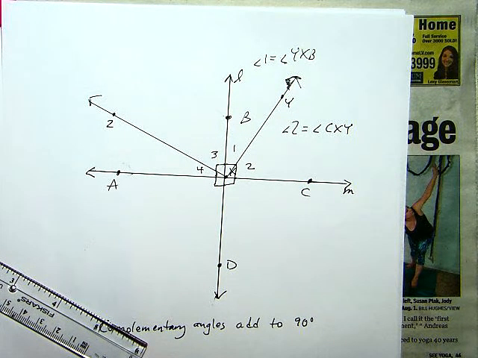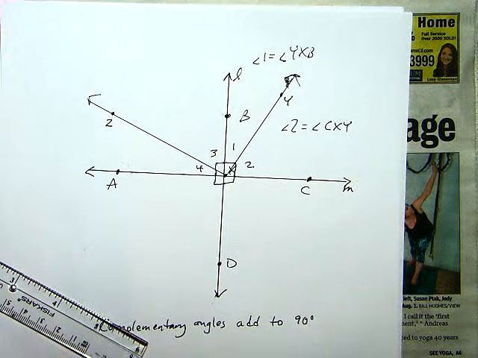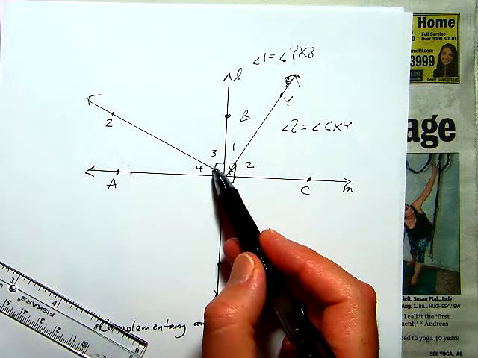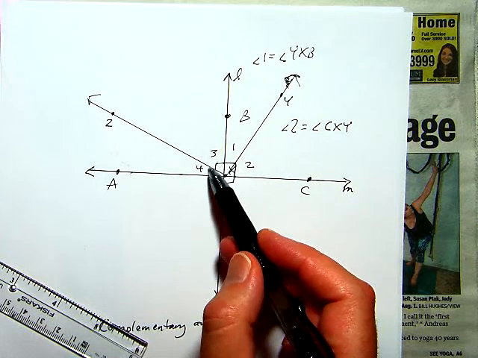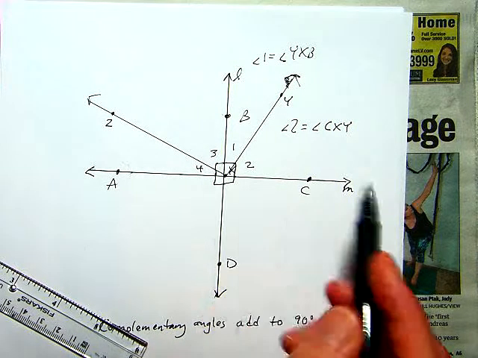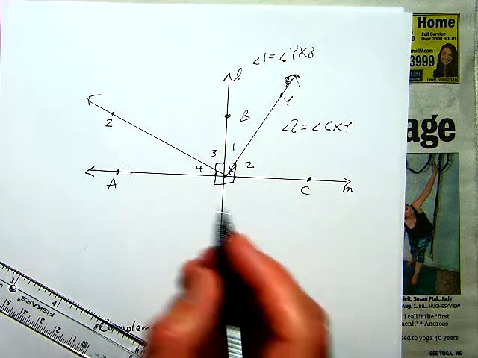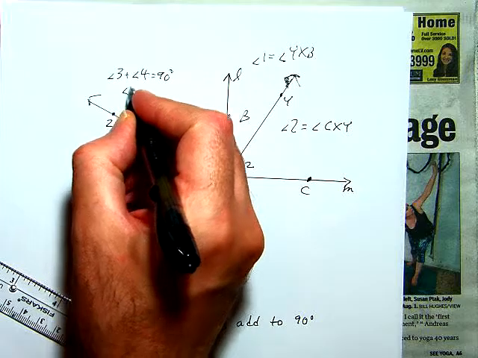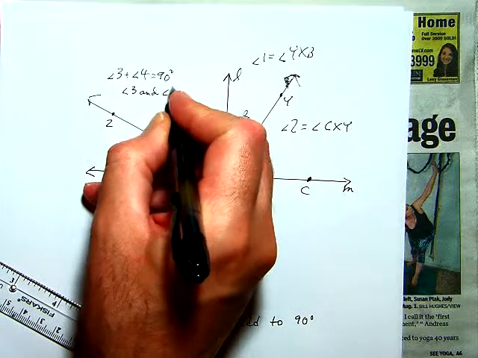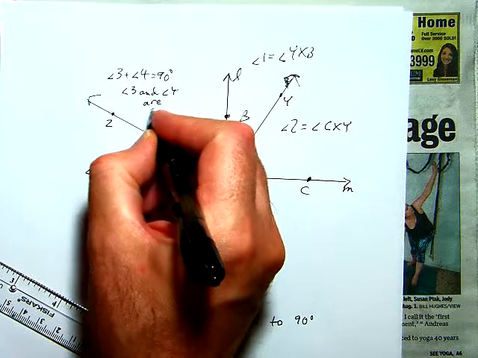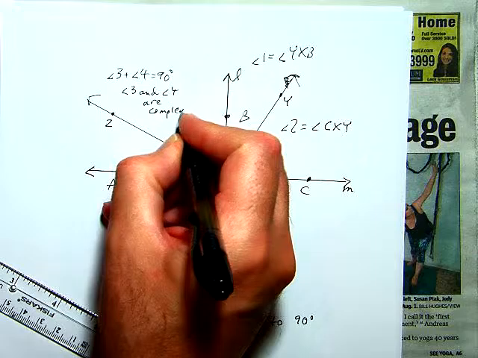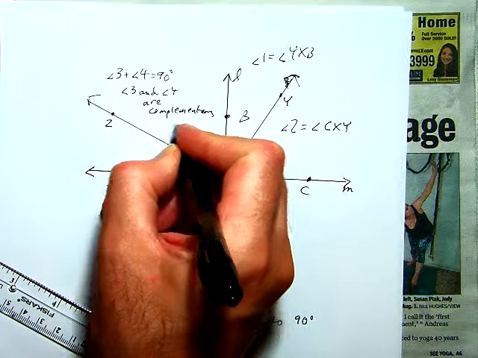We now have, again, that angle 3 and angle 4 are complementary because we have divided the 90 degrees that's in this quadrant into two angles. So angle 3 plus angle 4 is equal to 90 degrees, or angle 3 and angle 4 are complementary angles.